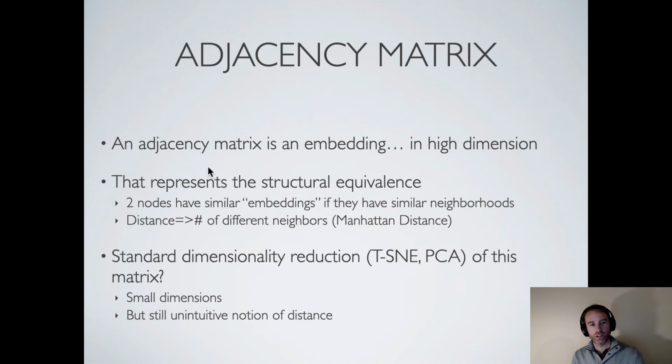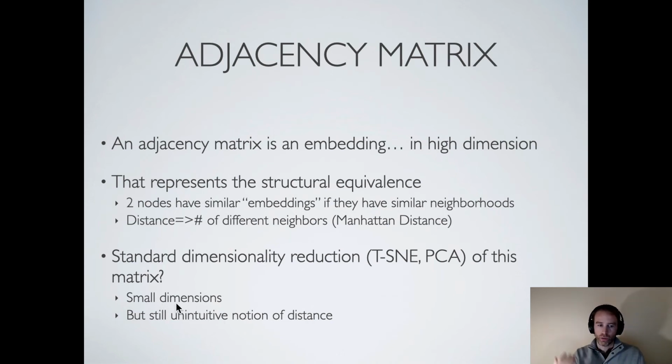So that's why it's not really meaningful to use the adjacency matrix as an embedding, even if you could solve the problem of high dimensionality by using a process called dimensionality reduction, like TSNE or PCA, that allows you to reduce the number of dimensions of some data while keeping the notion of distance.